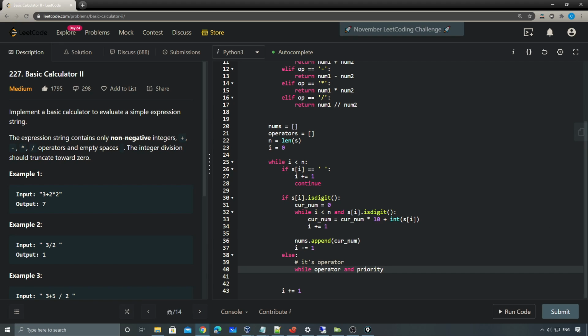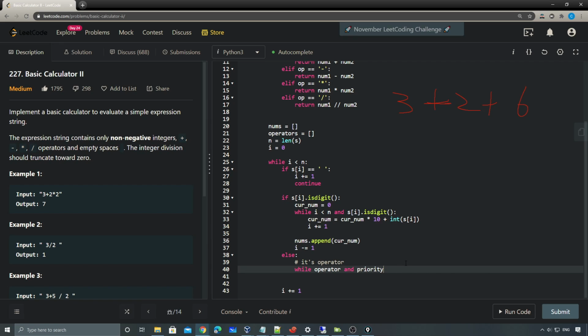We check that the operator stack is not empty because it could be empty. If we have 2 plus 3 plus 6, when we're at the first plus, the operators stack is empty. That's why we need to check this one.